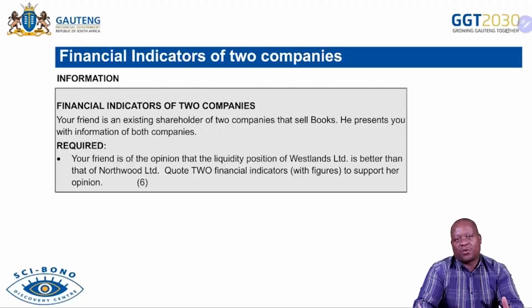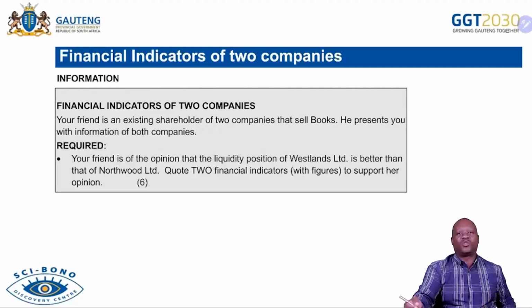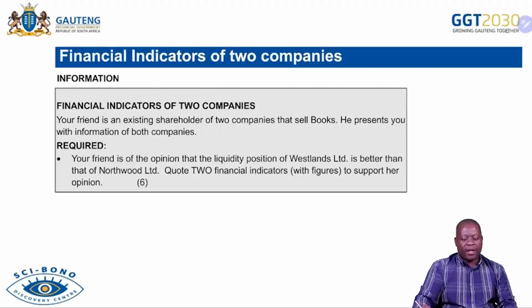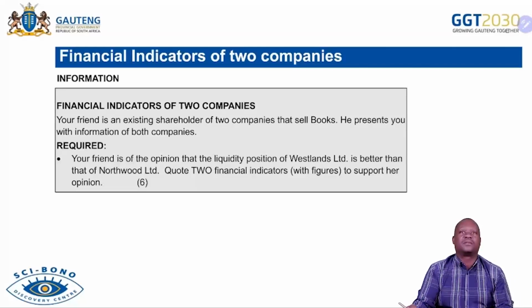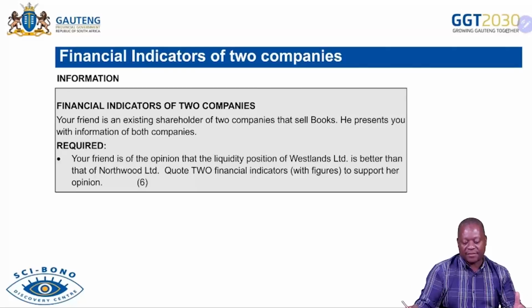And usually we say for comparing, we need to find 2 businesses that are in the same industry so that we cannot have a lot of variances as a result of not doing the same thing. Now, the information provided says financial indicators of 2 companies. Your friend is an existing shareholder in 2 companies that sell books. So they are in the same business. He presents you with information of both companies.